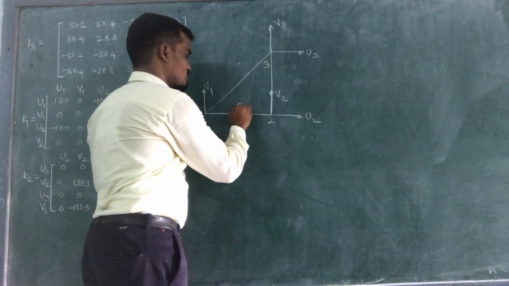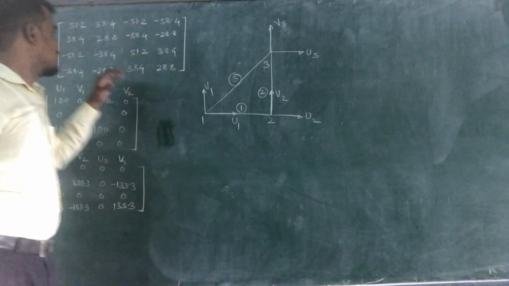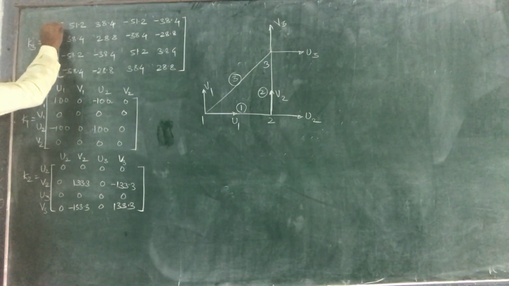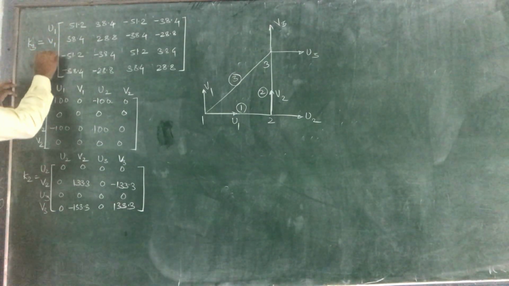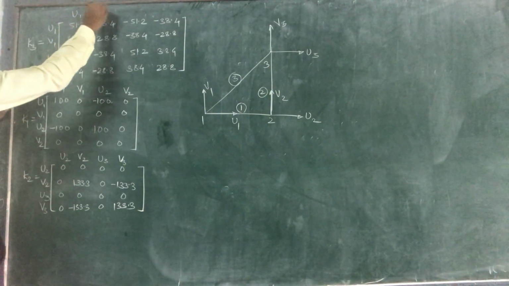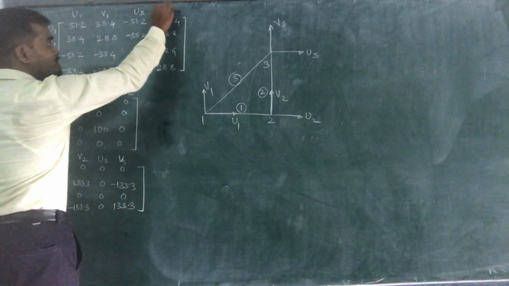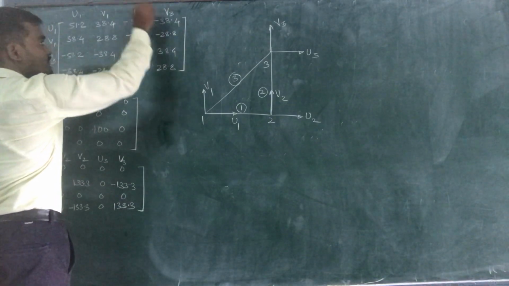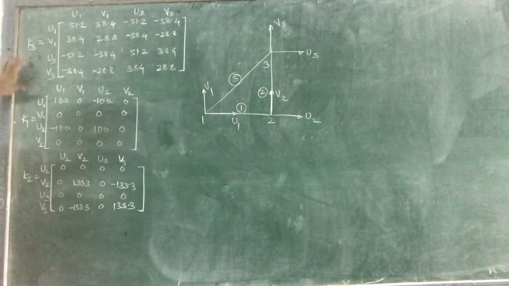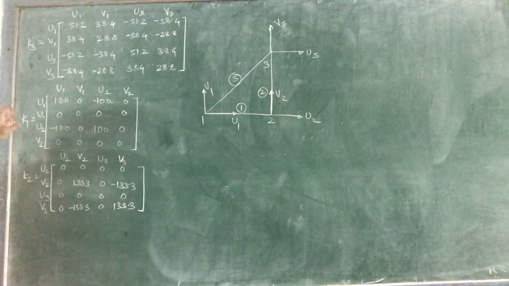So this was your first, second and third element. So we write down the connectivity of the third element stiffness matrix between U1, V1, U3, V3. Okay, so these three elemental stiffness matrices we have written here. Also we have written their connectivities.